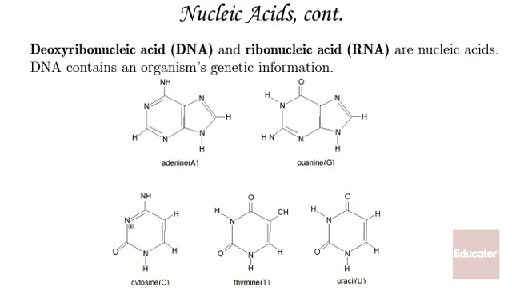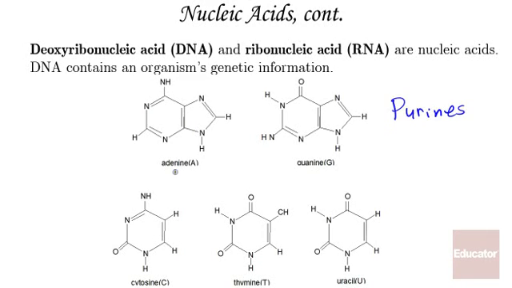Here are shown the 5 different nitrogenous bases, and they can be classed into 2 groups. These first 2 are more complex. They have a 6-member ring fused to a 5-member ring, and these are known as purines. So these top 2 are purines.